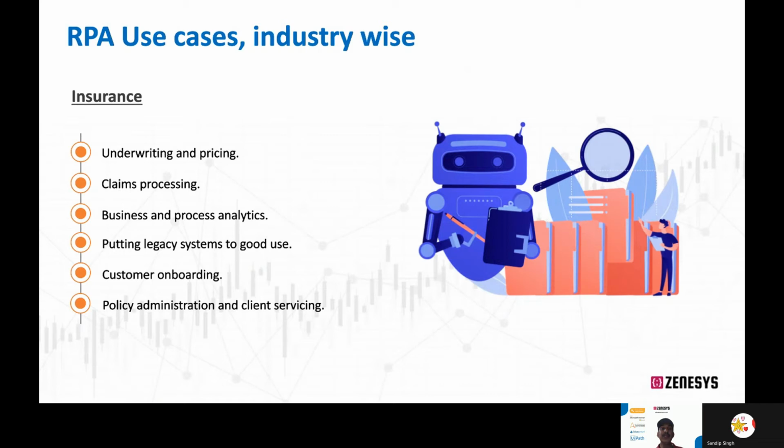In the insurance industry, the most common use cases that we see are underwriting and pricing, claim processing, business and process analytics using their legacy systems, customer onboarding, absolutely the number one use case, and policy administration and client servicing.